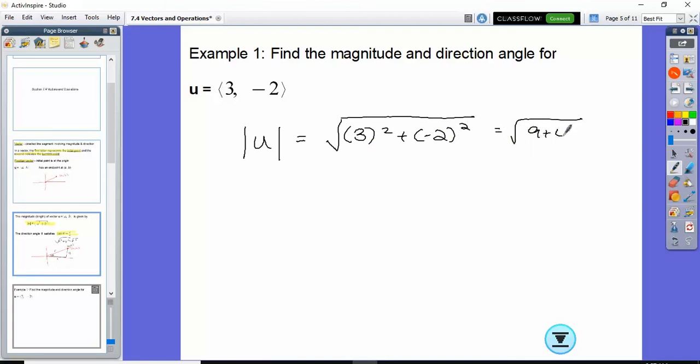So my magnitude is radical 30. Then I need my angle. To find the angle, we will use tangent. Tangent is y over x, so -2 over 3, or b over a, if you're using that.